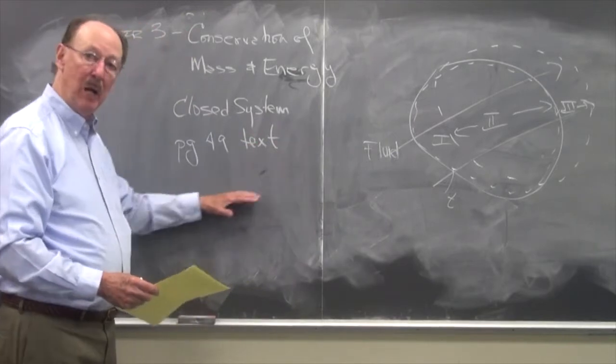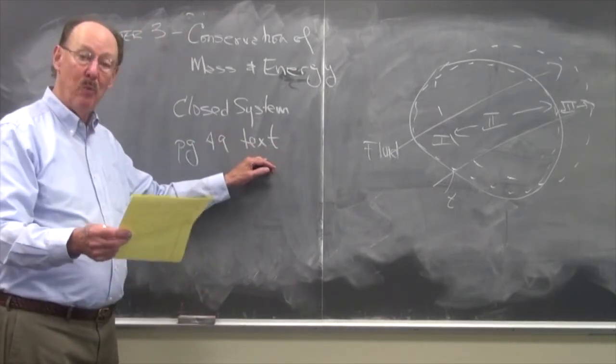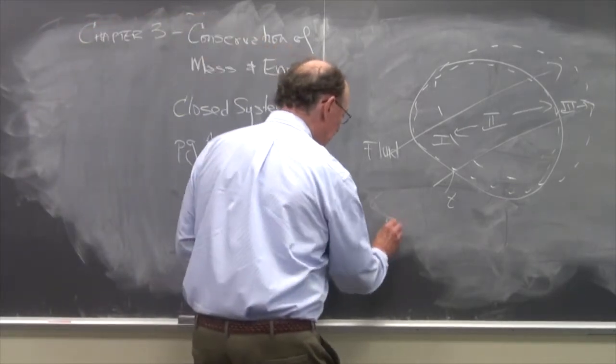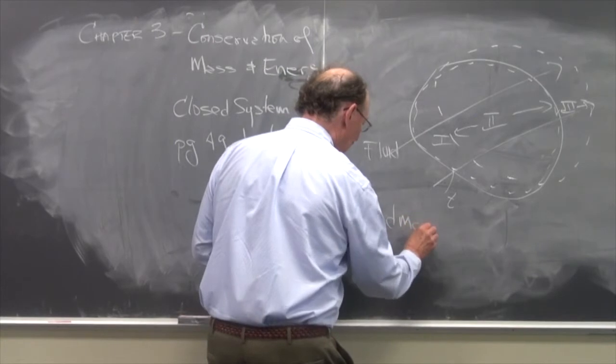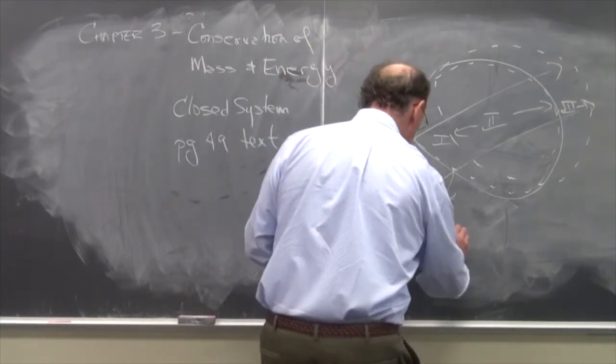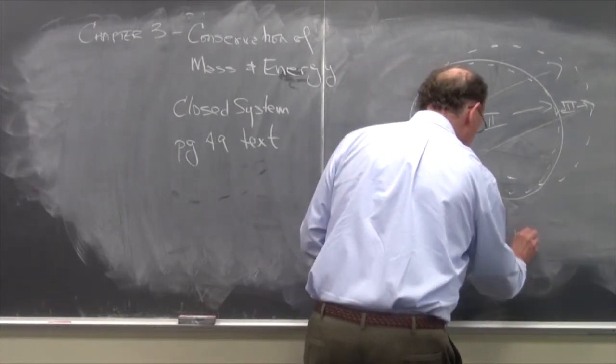The calculus behind that is on page 49 and following. What happens here is that the change of the mass of the control volume with time is equal to m dot in minus m dot out.